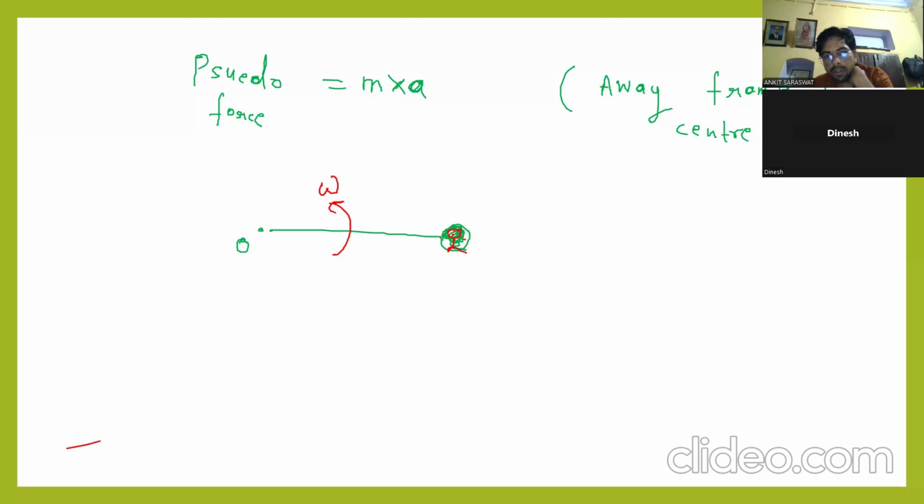If I ask you to apply Newton's law, then you will apply one pseudo force like this, and one tension force. So you feel a centripetal-like force on you. Then T will be equal to the pseudo force. T should be equal to the pseudo force, otherwise the string will break.